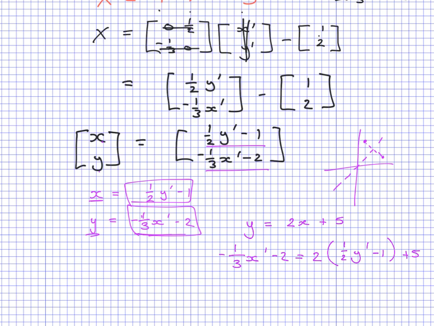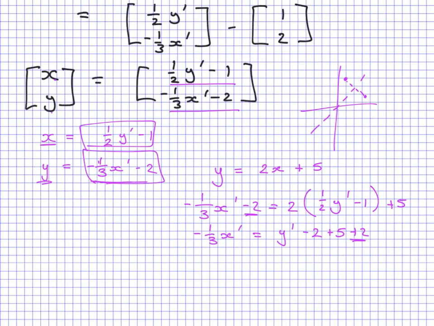Simplifying and rearranging will give us minus 1/3 x image equals y image minus 2 plus 5 plus 2, because I moved this minus 2 across as a plus. So minus 1/3 x image equals y image plus 5. And then I'll rearrange, move the 5 across to the other side.